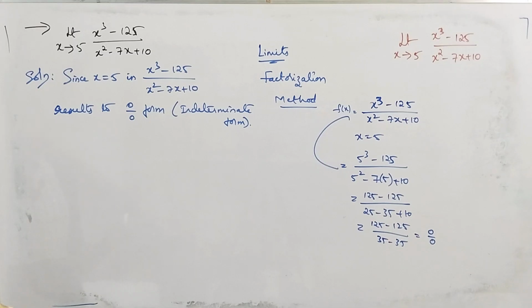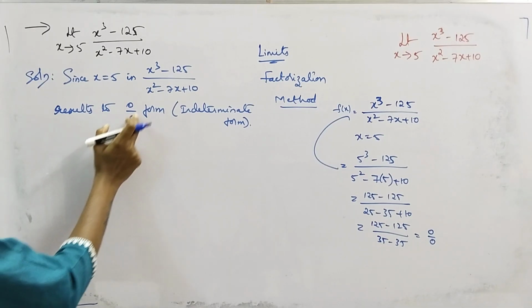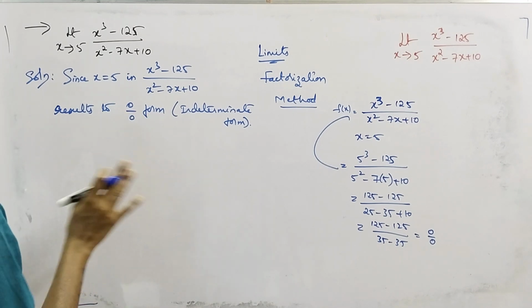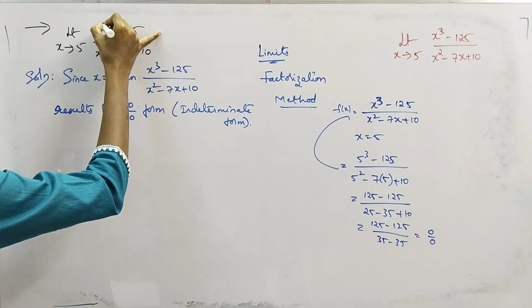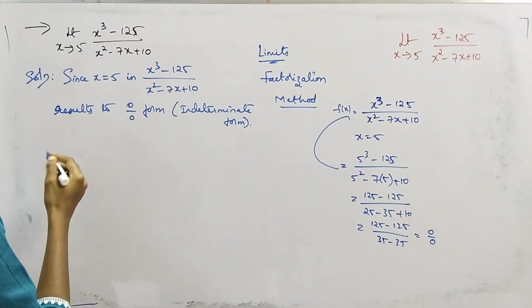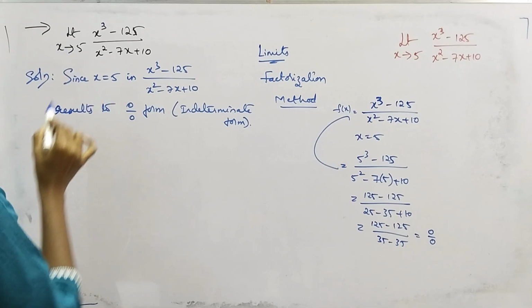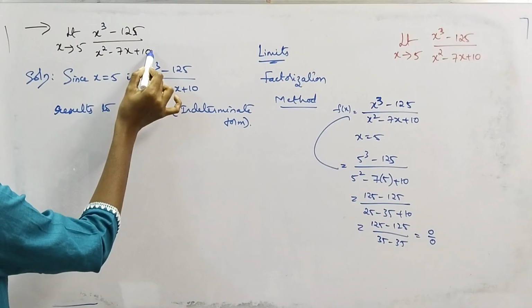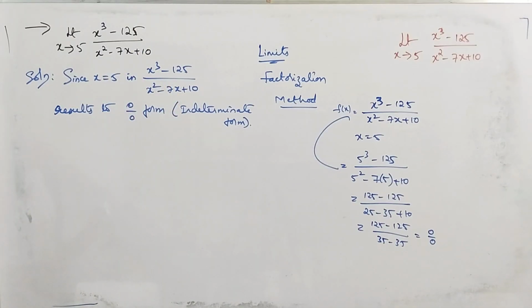So now we'll try to factorize and see whether we can get a solution using the factorization method. Since it is in indeterminate form 0 by 0, we are going to try the factorization method. As x tends to 5, the limit of the numerator is 0 and the limit of the denominator is 0, right?